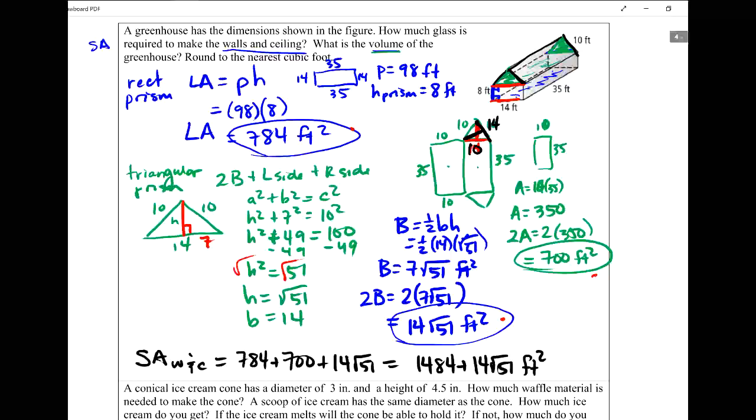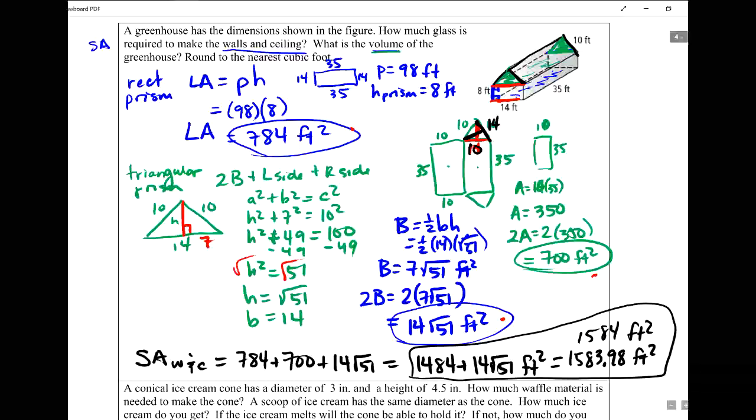Trusty calculator says that is 1583.98 feet squared, so that would round up to 1584 feet squared.